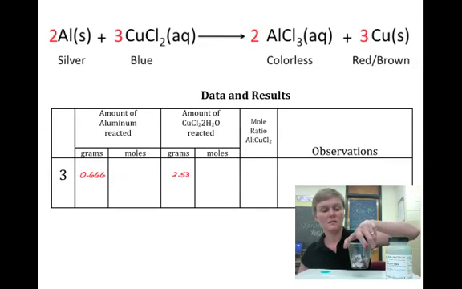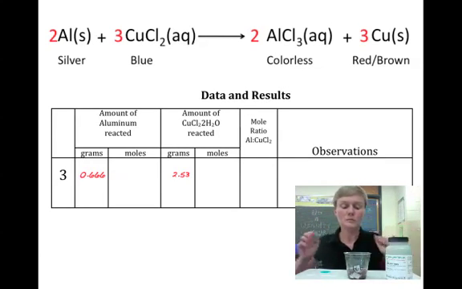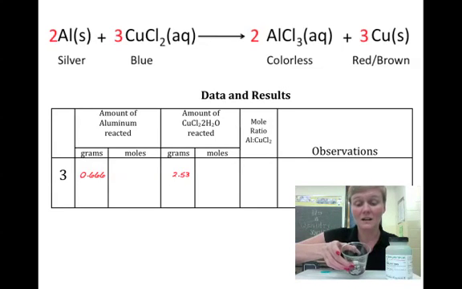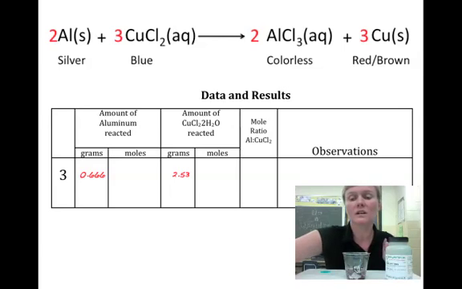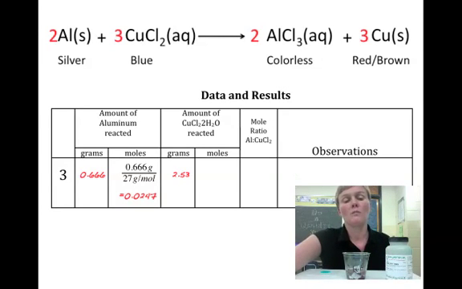This is the 0.66. So notice it is a nice, clear, colorless solution. There is copper solid formed and lots of aluminum left over. I don't see any blue color, so let's fill in our data table. For our moles of aluminum, we have a larger number of moles, 0.0247.